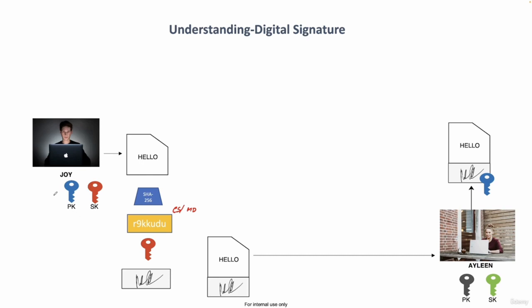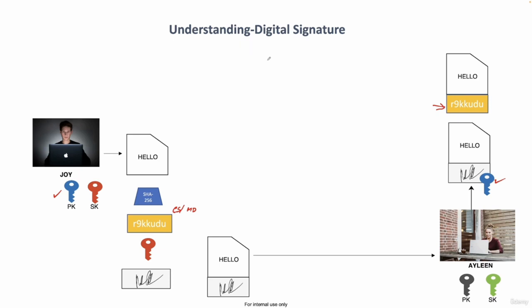So this is Joy's public key. Because it is publicly available, Aileen can apply Joy's public key onto the message digest, and what does she get? She gets the message digest back, right? So that's the beauty. Now you get the message and you get the message digest, but it doesn't end here. From here, Aileen doesn't know whether the message has been tampered with even now.